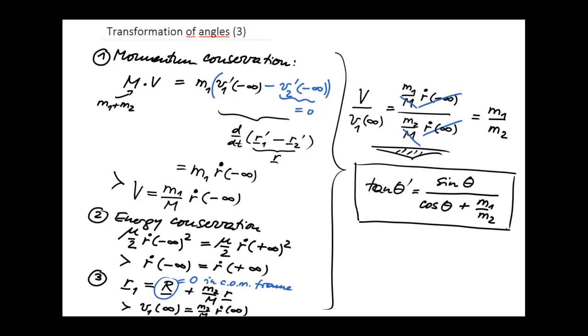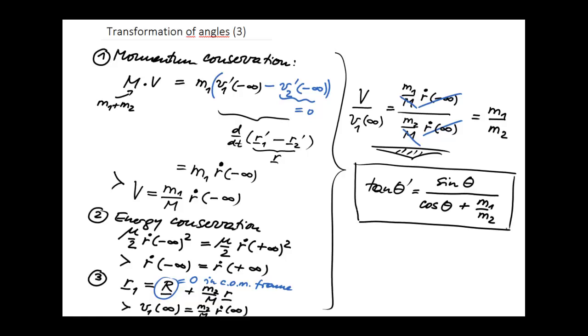As a consistency check, let us consider the case where the projectile is much lighter than the target, or the target is much heavier than the projectile. In that case, we would expect that there's very little recoil, so that the target, after the collision, after the scattering process, still is almost at rest, and therefore we would expect that there should be hardly any difference between the scattering angle in the lab frame and in the center of mass frame.